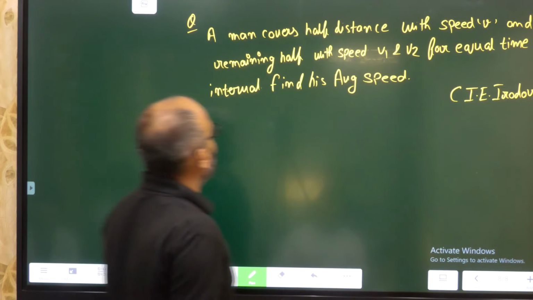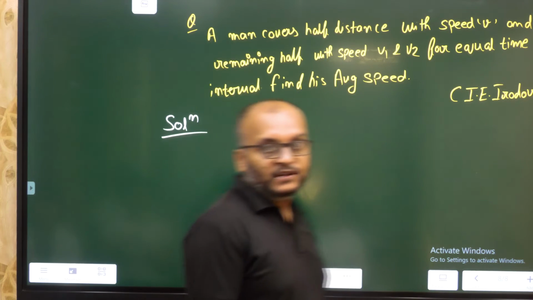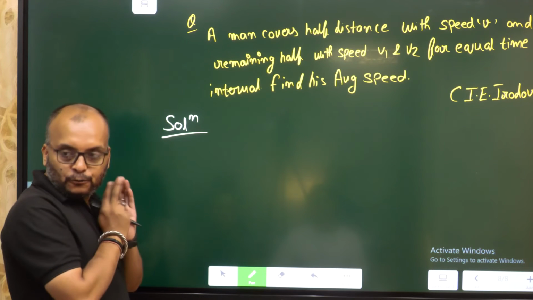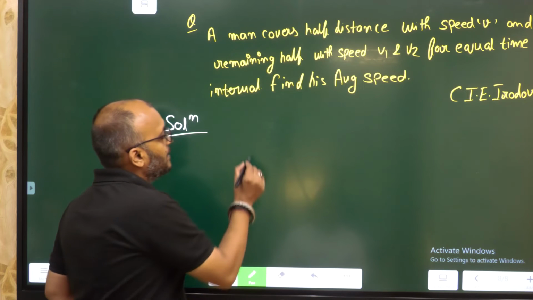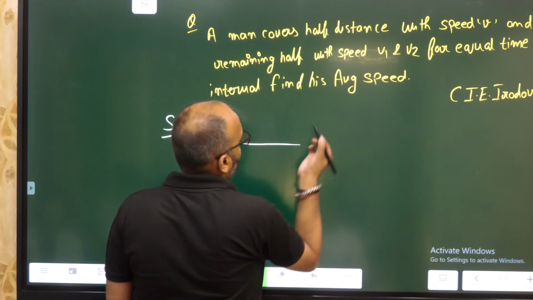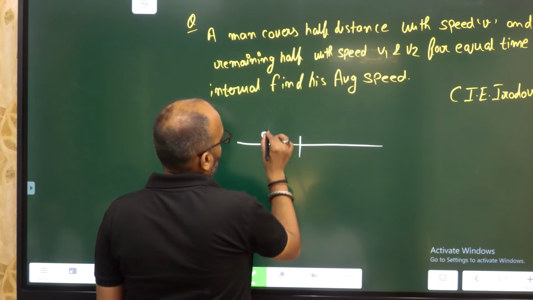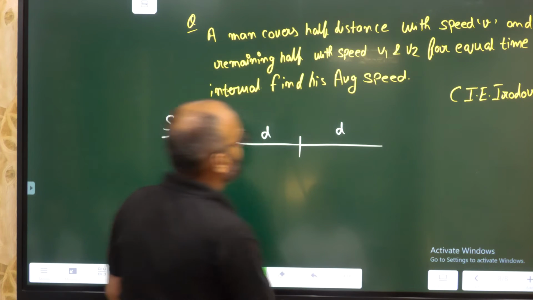So first understand the question. A man covers half distance with speed v. My first advice, never take d upon 2. Always take d. It's in your hand. You can divide it accordingly. So let this distance be d and let this distance be also d.